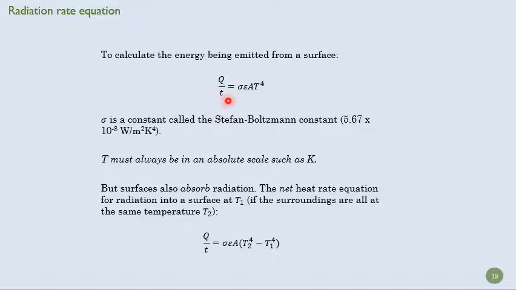Now, this is just for what's being emitted from a surface, but if we want to know how a surface's energy is changing, we want to know not only what's being emitted, but what's being absorbed as well. Okay, and so that gives us this form of the equation down here, and it's telling us essentially the difference between what's being emitted and what's being absorbed.